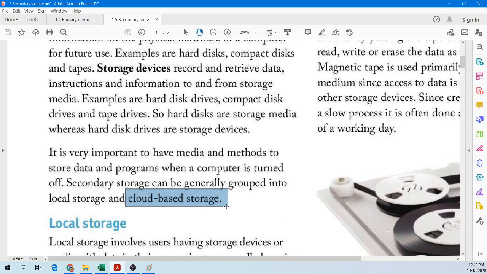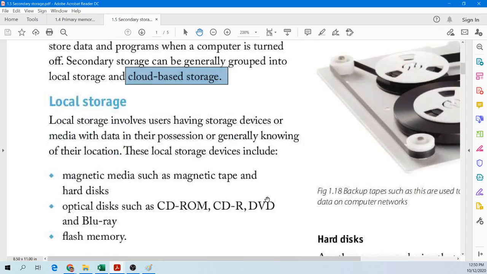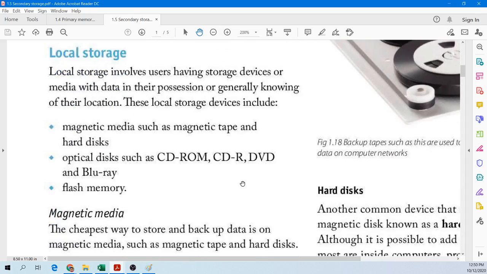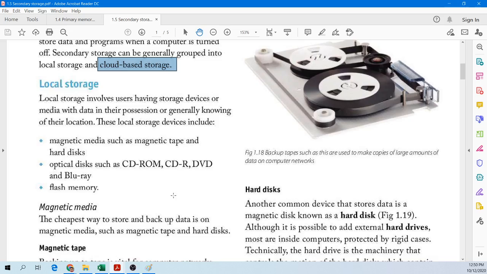It is storage that is maybe anywhere in the world. It can be in another town, in another village, in another country. It can be anywhere. So that is what cloud storage is. So let's see more about local storage.